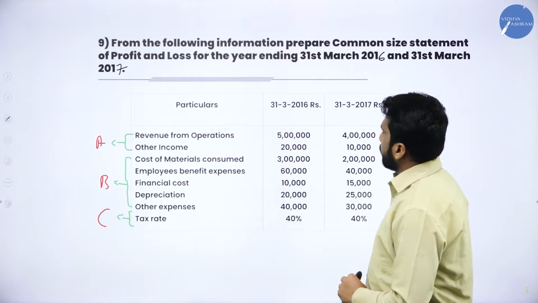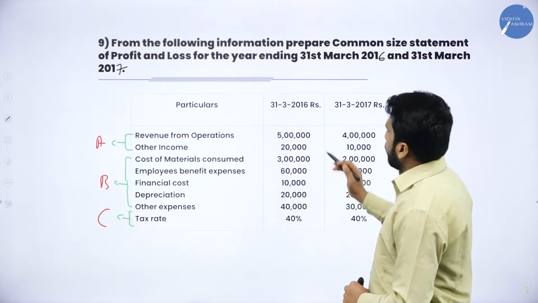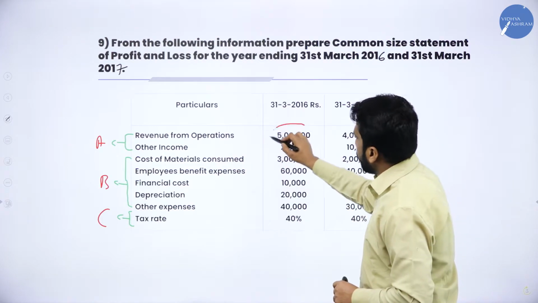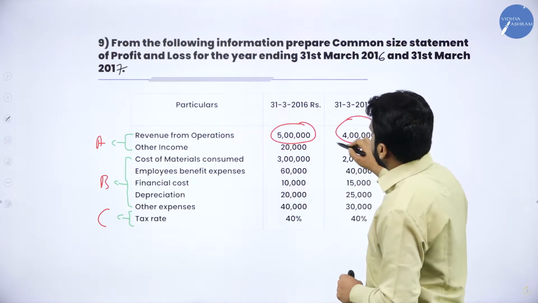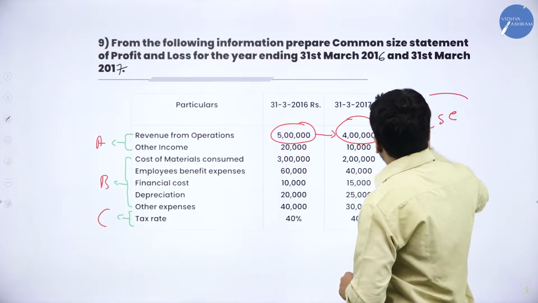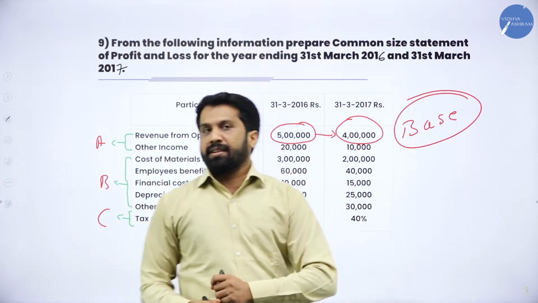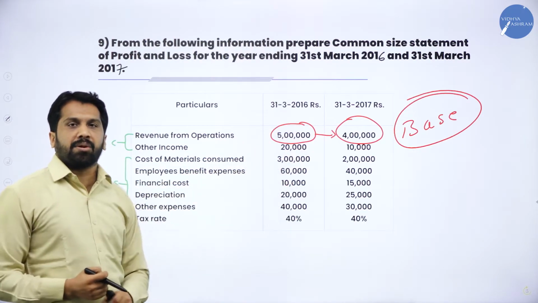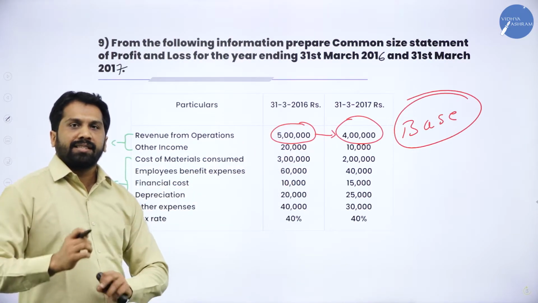Now, we have all the information, and as I told you, revenue from operation we always consider as base or denominator. We'll go for the solution.